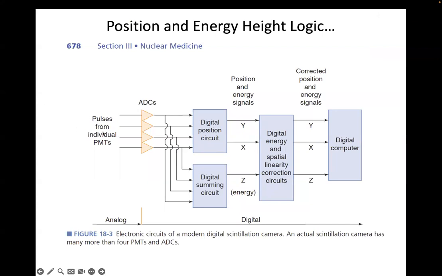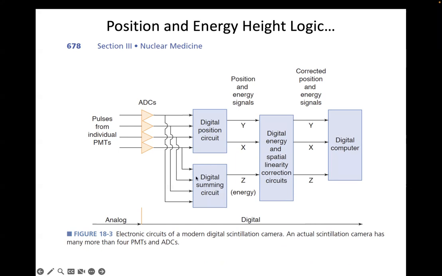So we have these pulses from each photomultiplier tube, and you can imagine there can be many, go through the analog to digital converter. This circuitry was all done in a non-digital way for years and years. Nuclear medicine has been around a long time, and so people designed circuits to do this kind of thing, where you get a weighted average of what's coming in here, and it gives you an X and Y position for where that event occurred.